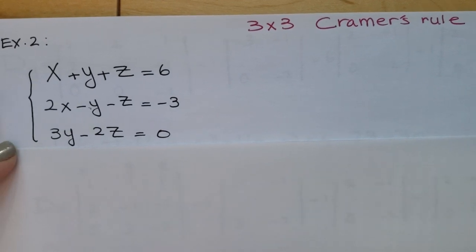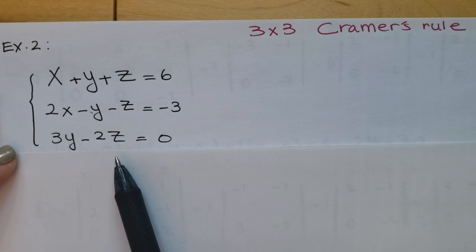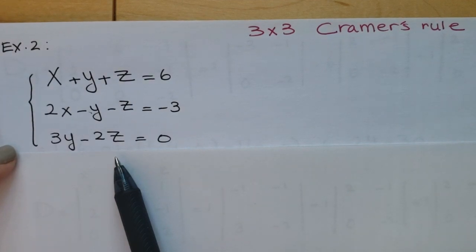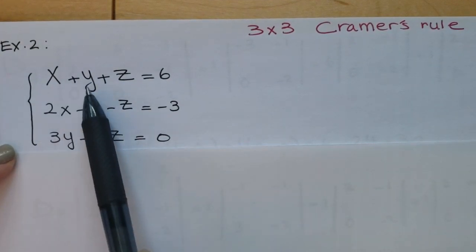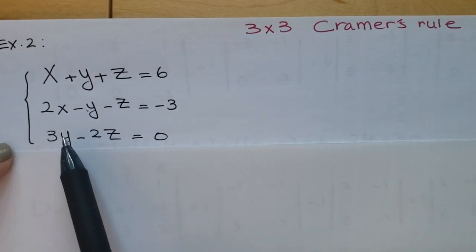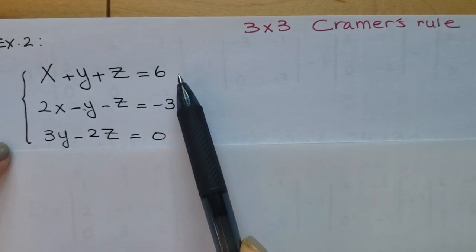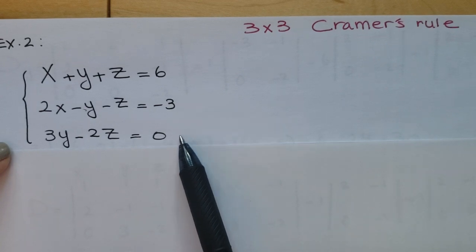Let's do another example. This is example 2. Here again I have 3 linear equations which I simplified, and this is nicely aligned. So x, y, z, x, y, z. Here the x is missing, so the coefficient of x would be 0, and then the constants are 6, negative 3, and 0.